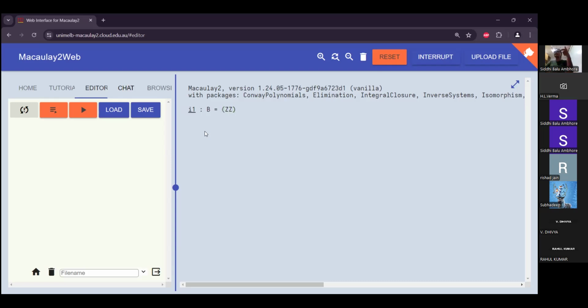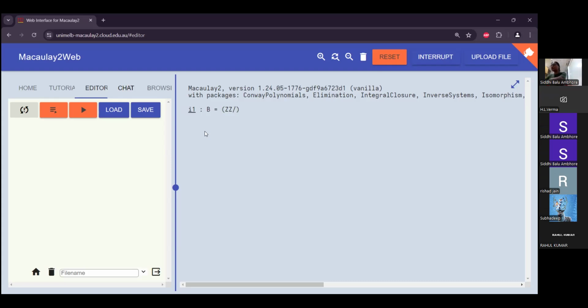For Z, the set of integers or ring of integers, the symbol is ZZ, quotiented by ideal 4. When this Z mod 4Z is written, the 4Z is actually an ideal in Z, and then the variables x, y are given here. This is how we define this ring.